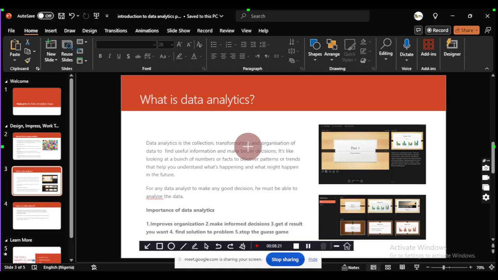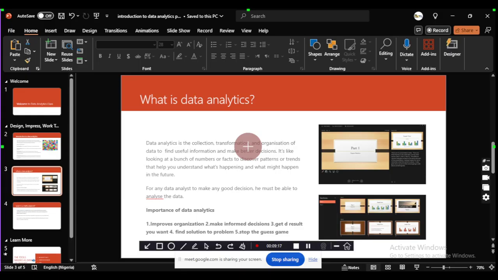Now, some people ask me why we need data analytics. Let me go into that. Why do we need data analytics? Companies, like I showed you earlier, I showed you the data of a particular company. Every company has that kind of data.